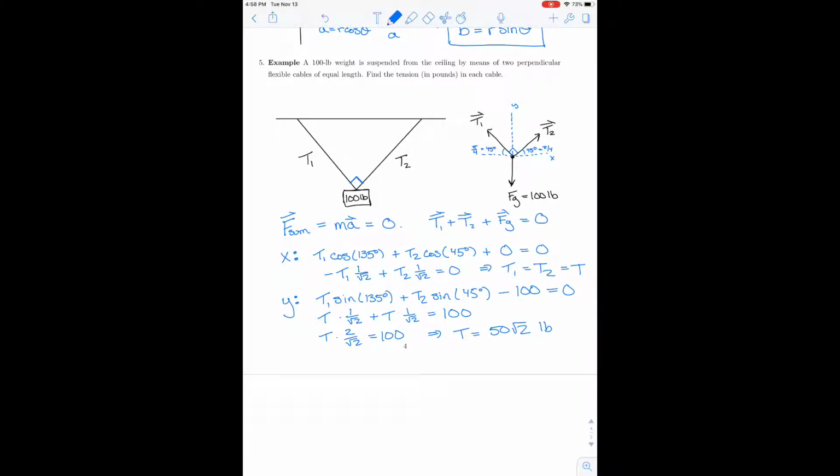And this is a good example from physics about how to work with the descriptions of two vectors given by their magnitude, T1 and T2, and their angles from the x-axis, which were 45 degrees and 135 degrees, and break them up into their x and y components so that we could decide how much of T1 and T2 as vectors were in the x and y direction.